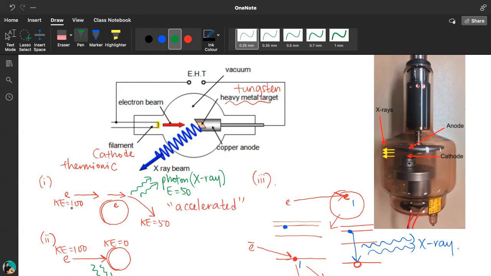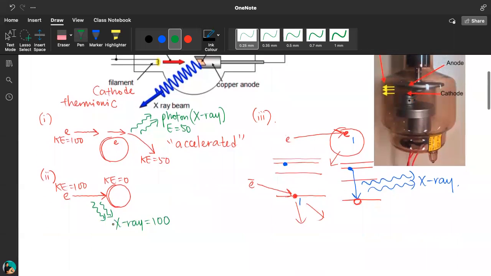Okay, if the kinetic energy is 200, then you have 150 of photon energy. Okay, the point is that different kinetic energy of electrons, they slow down at different rate and they produce different range of energy of the X-ray photon.